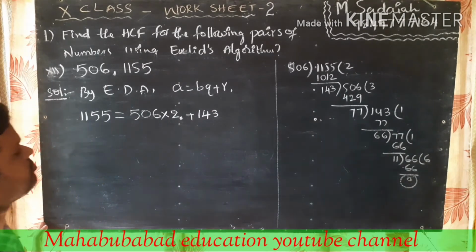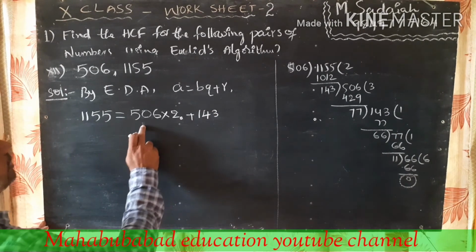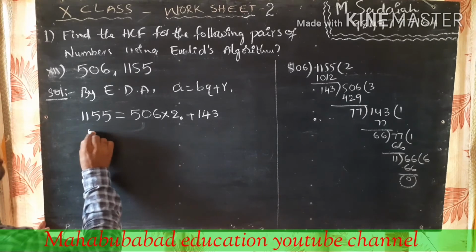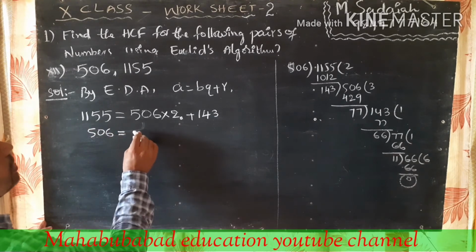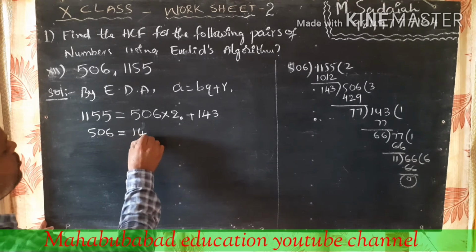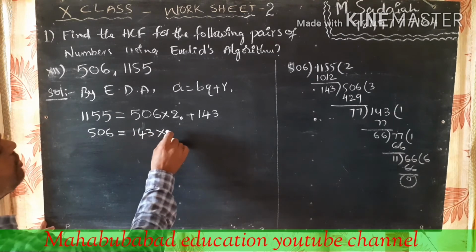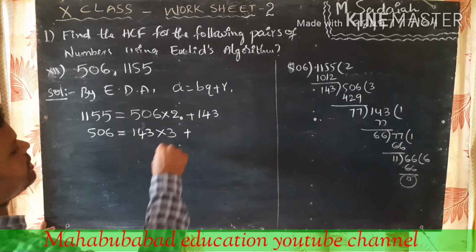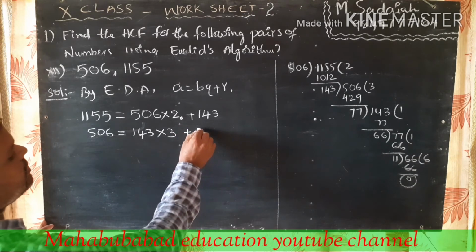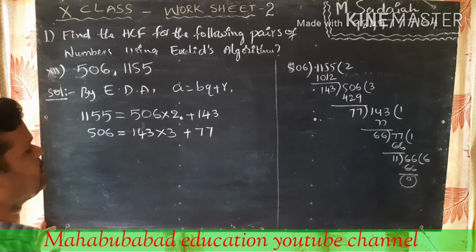143. Now 506 becomes the dividend. Divisor is 143. We can take the 3 table, that becomes 429. The remainder is 77.